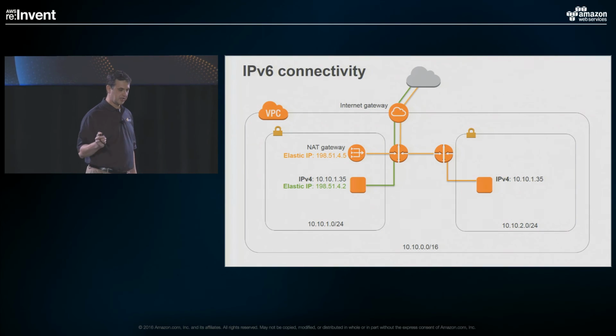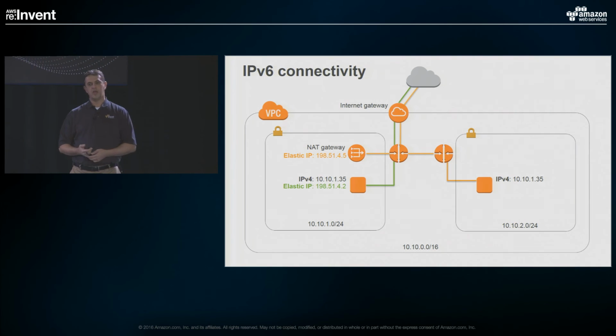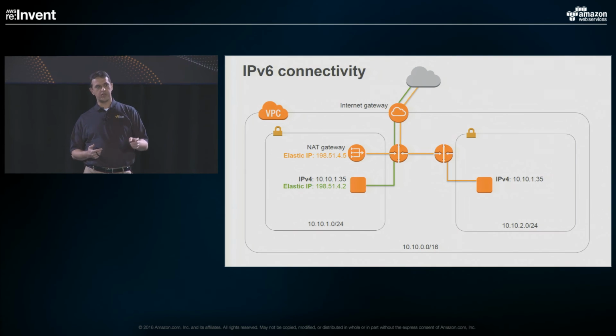Let's take a look now at the visual representation. Here's a common setup where on the left-hand side, you have a public subnet with EC2 instances that have EIPs assigned to them, and they're able to reach the internet leveraging the internet gateway.